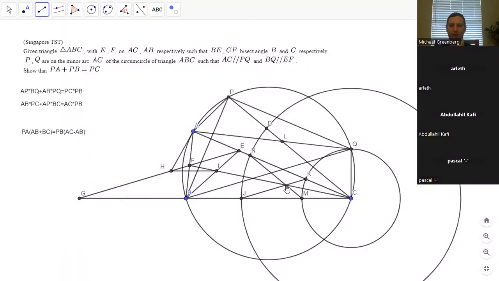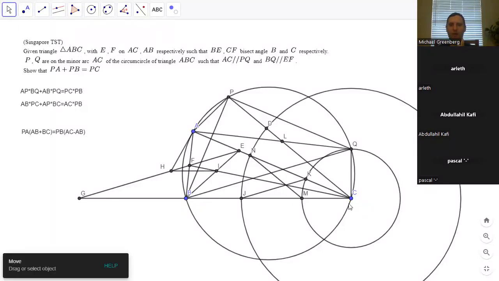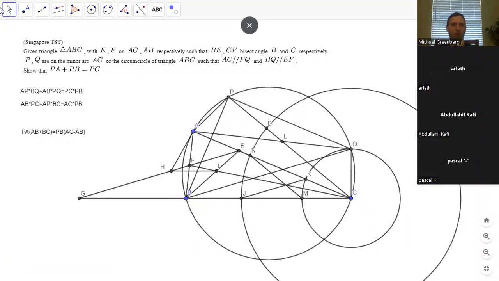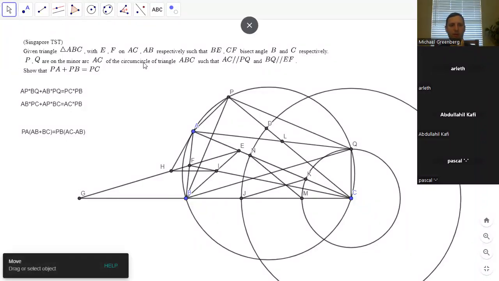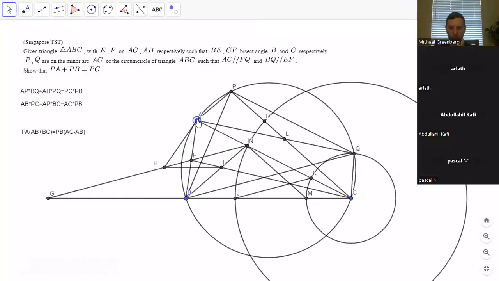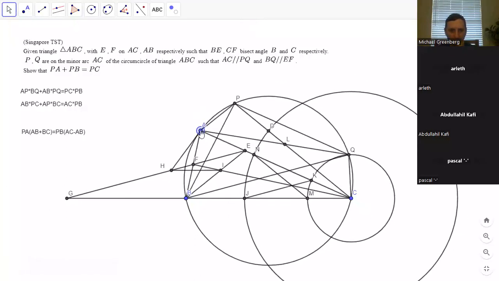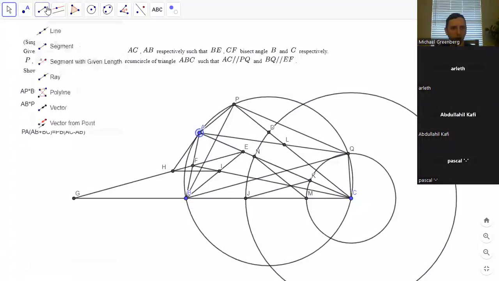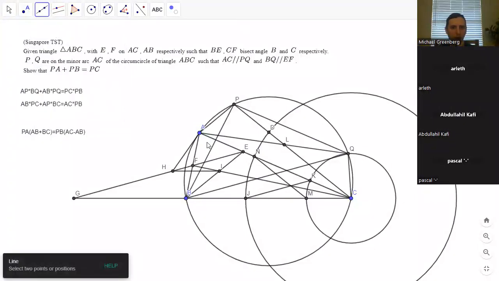Well, that's interesting. These concur, or it looks like they concur. Oh, but that's obvious because this is an angle bisector. So CMN. Is there anything special about N?